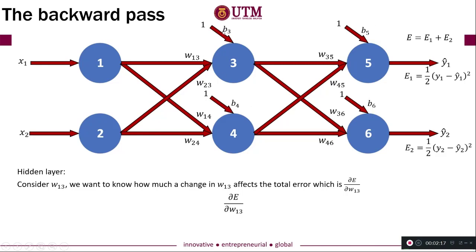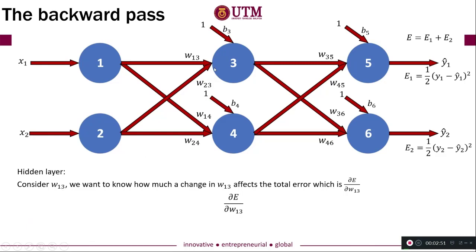Now we want to find the updater of the parameter, doesn't matter whether it is W or B, involved in the hidden layer, which consists of two neurons, neuron 3 and neuron 4. So again, let's focus first on finding the gradient, or the updater, of this W13.